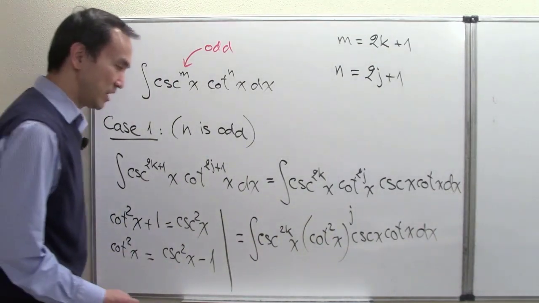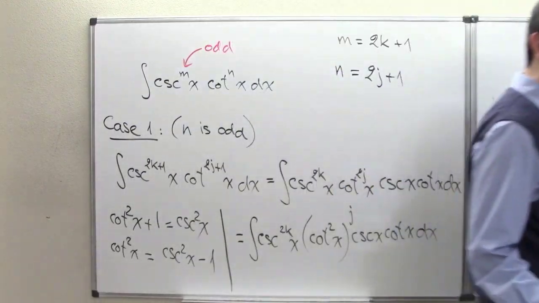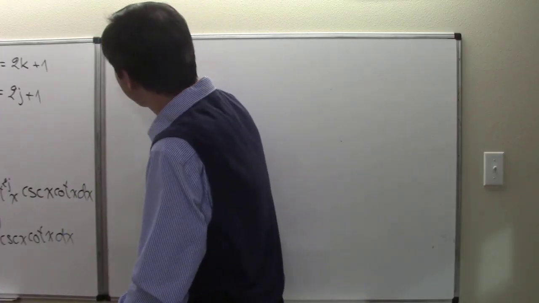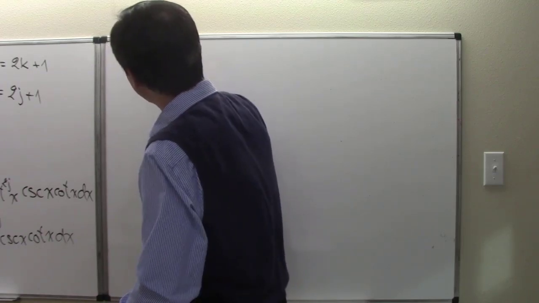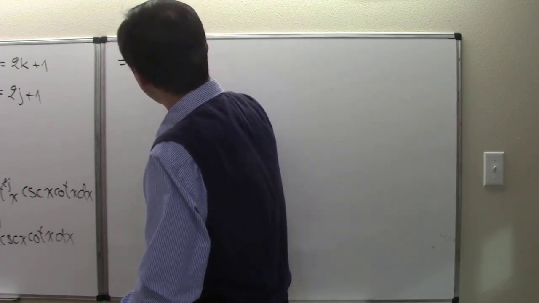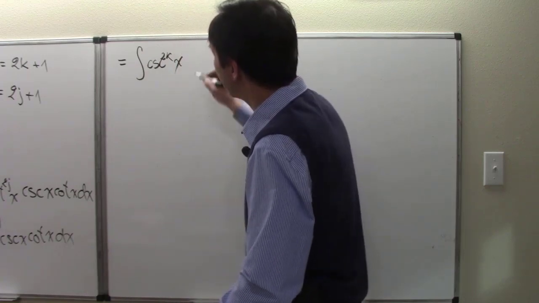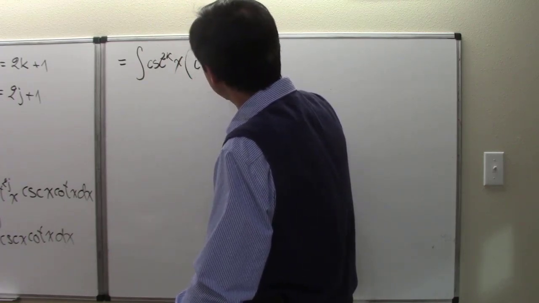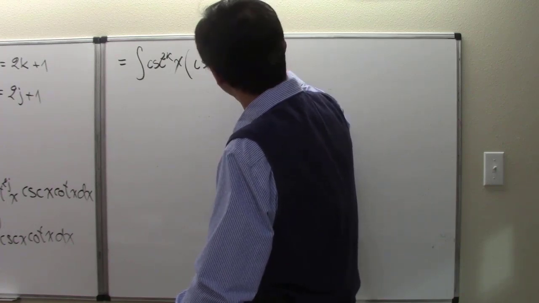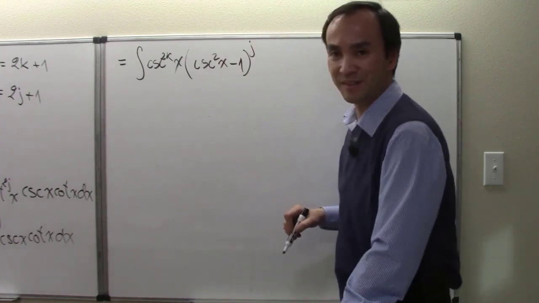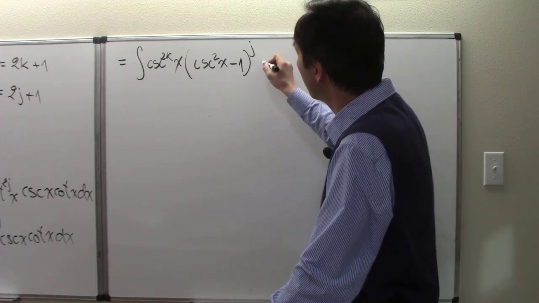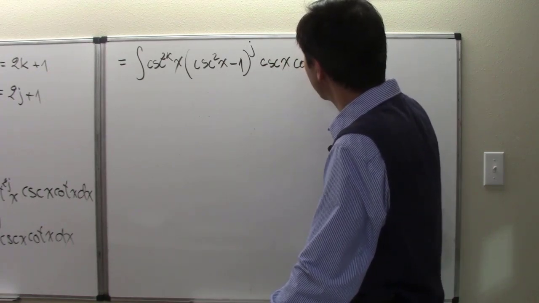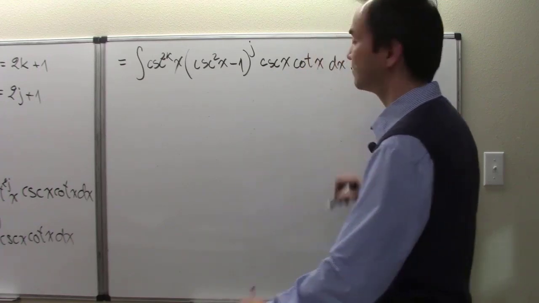So the integral will become cosecant to the 2k of x times cosecant squared of x minus 1 in parentheses raised to the j power, and then multiplied by cosecant of x, cotangent of x, and dx.